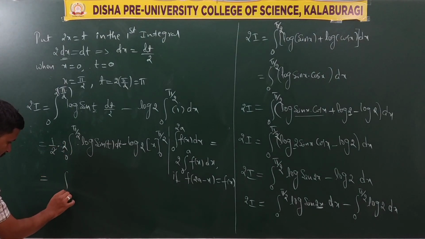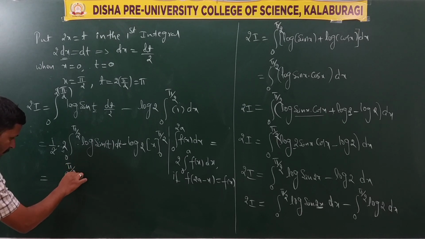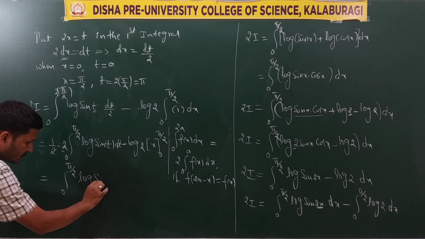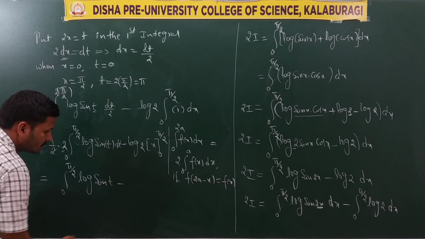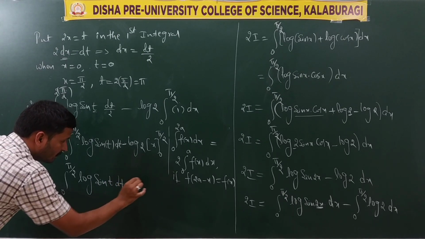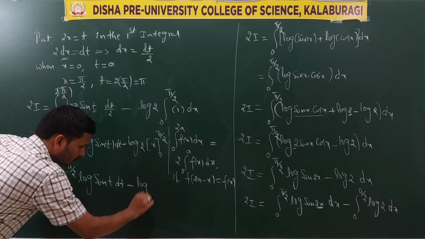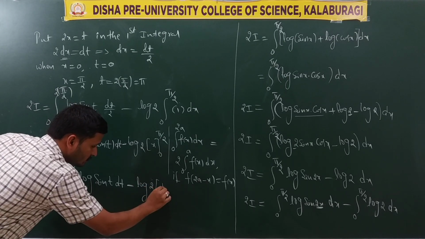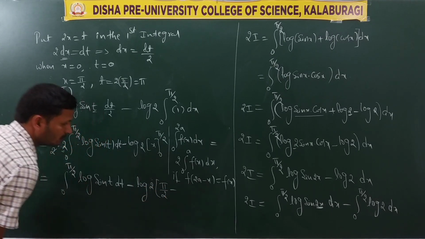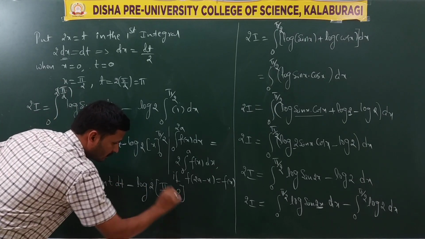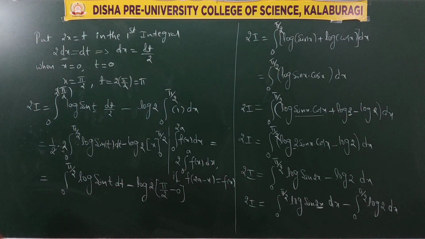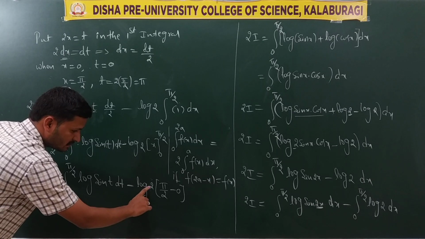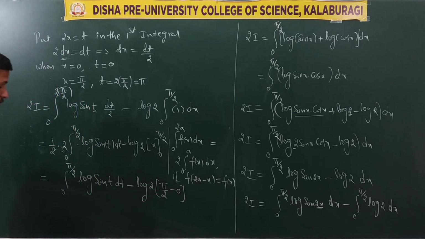So now integration from 0 to pi by 2 log of sin t minus log 2. So now here upper limit substitute ಮಾಡಿ x place ಅಲ್ಲಿ, so that is pi by 2 and lower limit is 0, so pi by 2 minus 0. So totally this answer is minus pi by 2 into log 2.